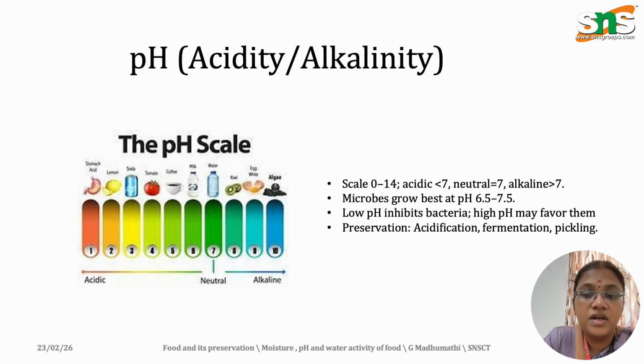So we have to keep a low pH value so that it inhibits the bacteria and does not favor the environment for the growth of microbes. This can be achieved by adopting acidification, fermentation or pickling techniques in order to maintain the pH value of the foods.